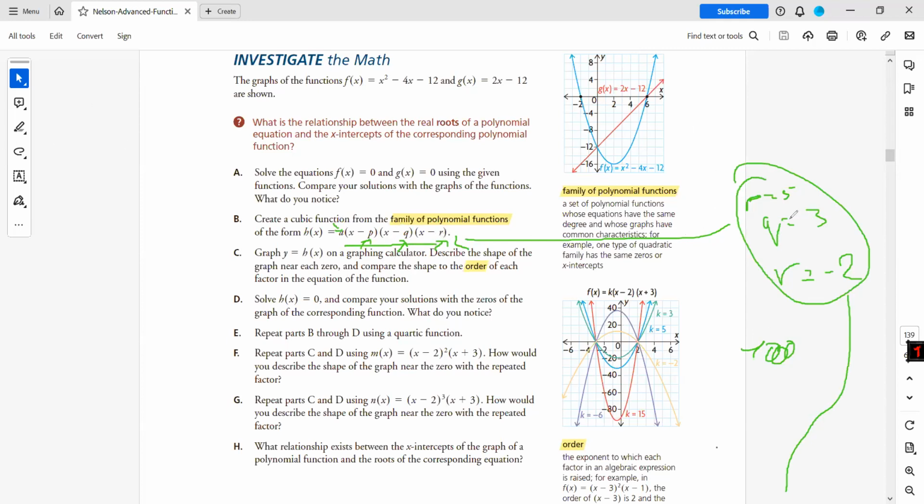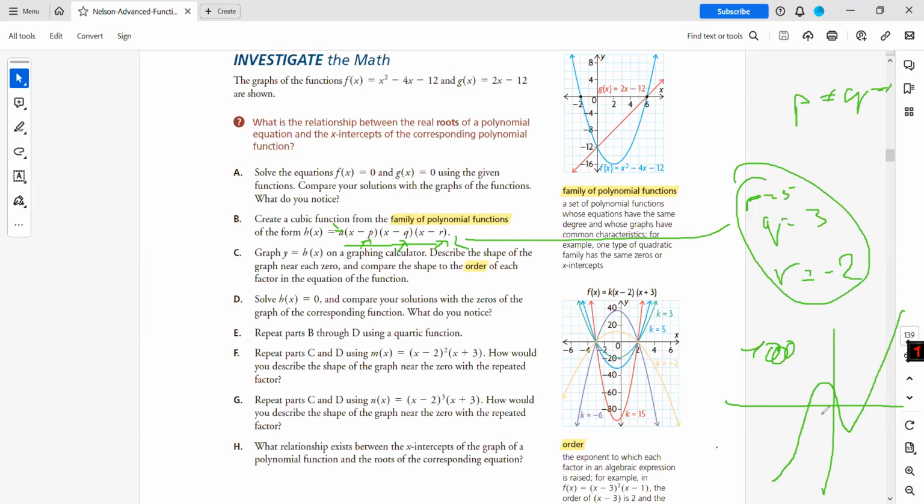And if it has 3 terms like this, and all of P, Q, R are not the same, P does not equal Q, does not equal R, then we have 3 different x-intercepts, right? So it means our function won't be just a slight curve, but it will have 3 intersections with the x-axis. 1, 2, 3.